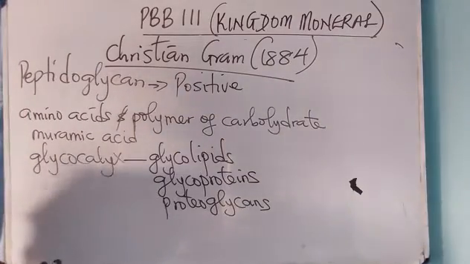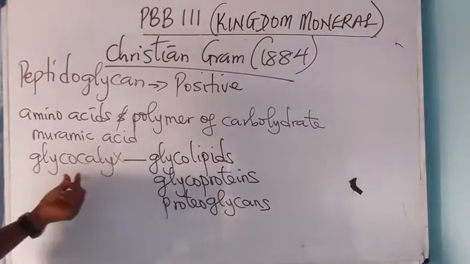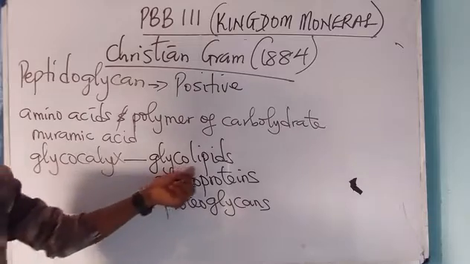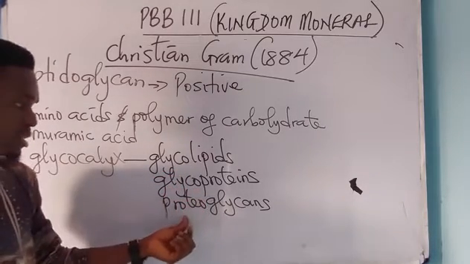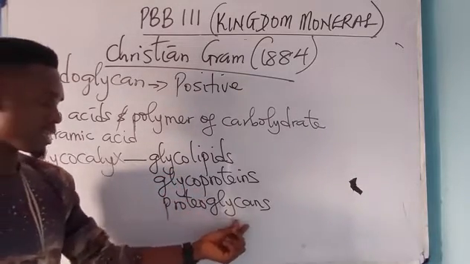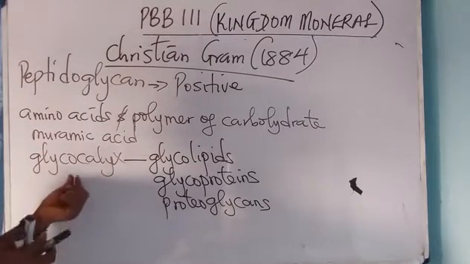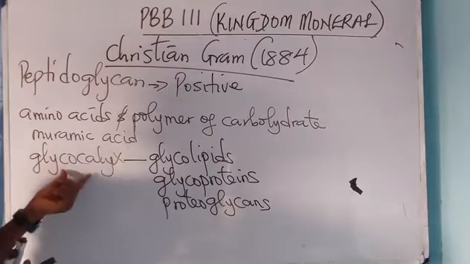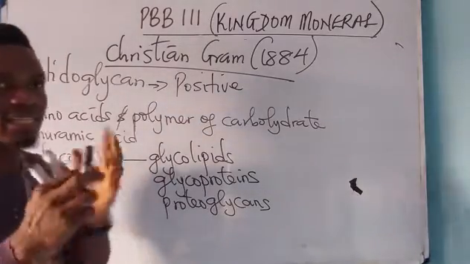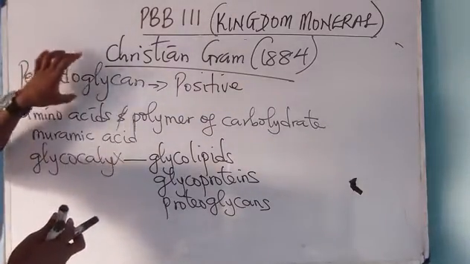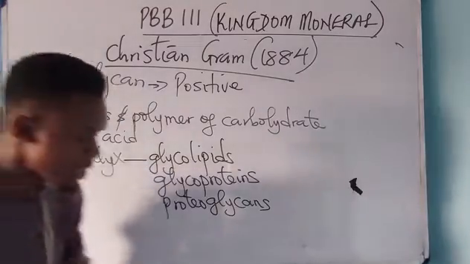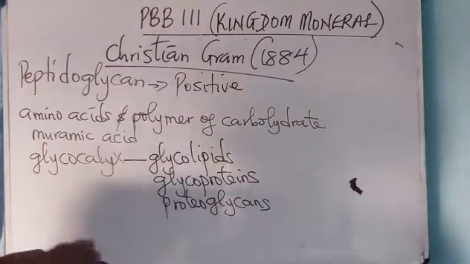Right, these are the components of the glycocalyx. So glycolipids, glycoproteins, and proteoglycans are the constituents of what? Glycocalyx. I see that glycocalyx is found externally to the peptidoglycan. Please, I forgot something. Thank God I just remembered.